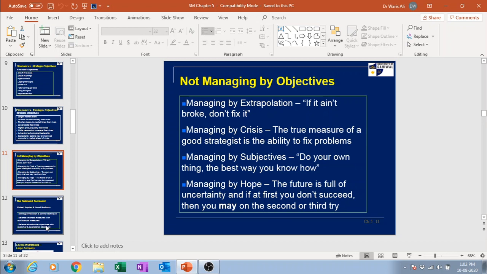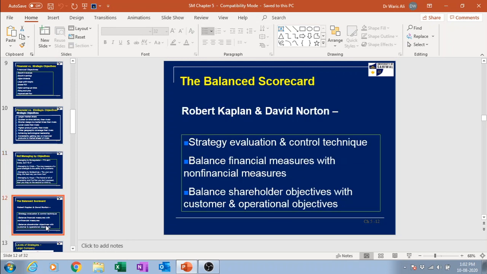Please try to avoid these things. I told you the objective must be quantifiable, clear, attainable, understandable, hierarchical in nature. There are certain characteristics, and you can define your objectives either in financial, monetary terms or in a strategic way, but it is entirely dependent on you.